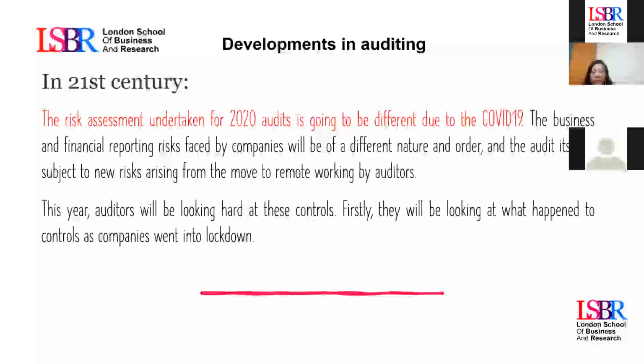So what this change has implied is that maybe the internal auditor needs to review more about the technological platform. How is the company protecting, for example, the data or the information?